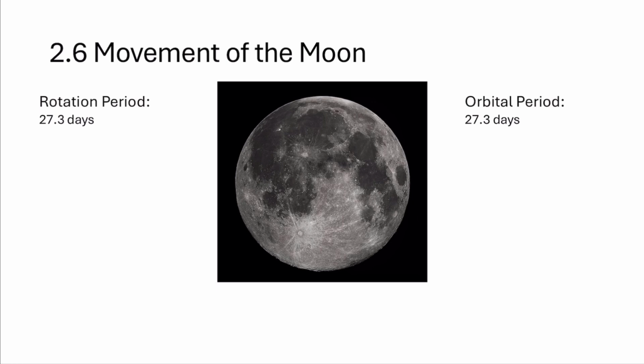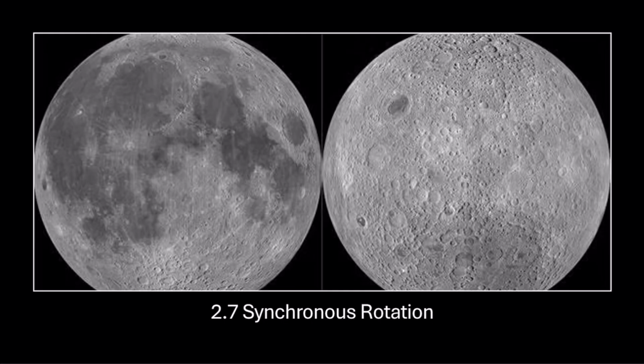Next, we're going to talk about the movement of the moon. This is the moon's rotation period. You need to memorize it. It is 27.3 days. And the orbital period is also 27.3 days. And this is no coincidence. This is something called synchronous rotation.